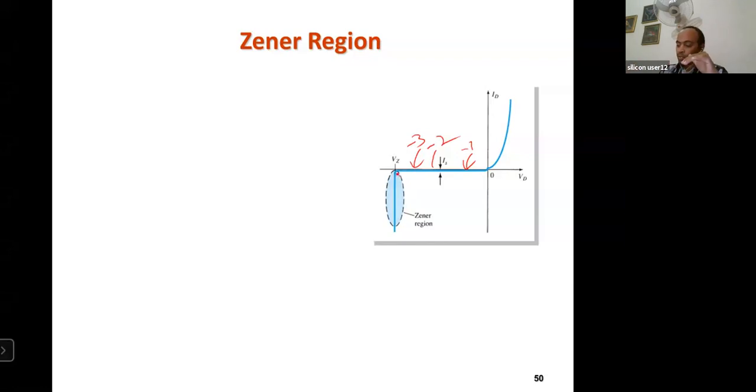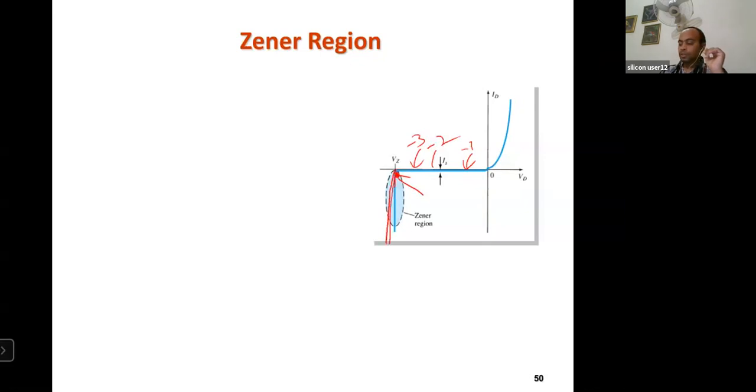So at a particular point, let us say at this point, what happened? A lot of electron-hole pairs, or a lot of minority carriers, are created inside the diode, and that will help the flow of reverse saturation current, and this reverse saturation current will increase at a very high rate like this.